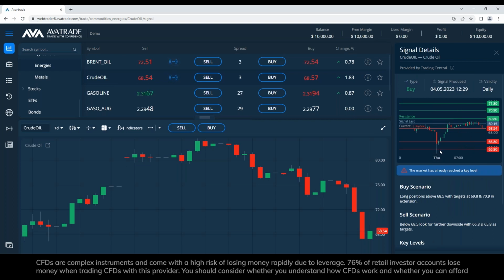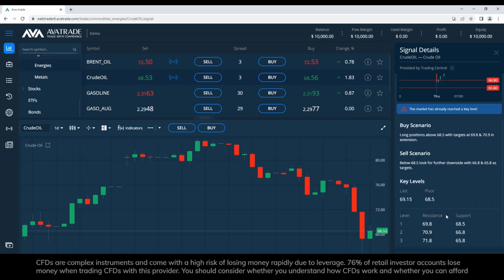This is practically the support. Okay, maybe support could be a bit lower than that. I'd say even 63 or so. Okay, as it stated here, resistance 68. This is a bit different. Support 65. Okay, but it didn't count.